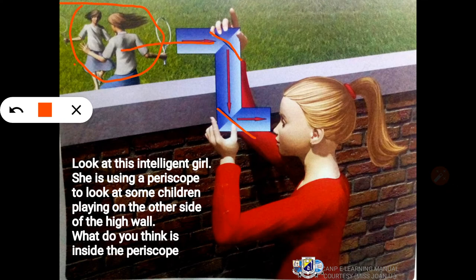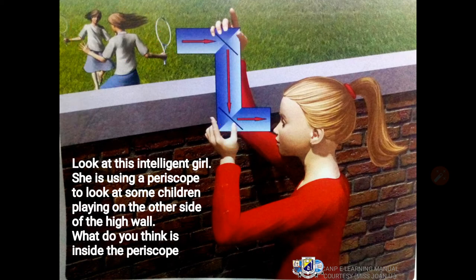You can see the arrow there, and then it will be reflected on this mirror, and this mirror will bend it. Remember, it's coming from this direction. As it's coming from this direction, it will bend to this direction, and then the girl will be able to see the image formed on this second mirror here, to her eyes. That is how it works.